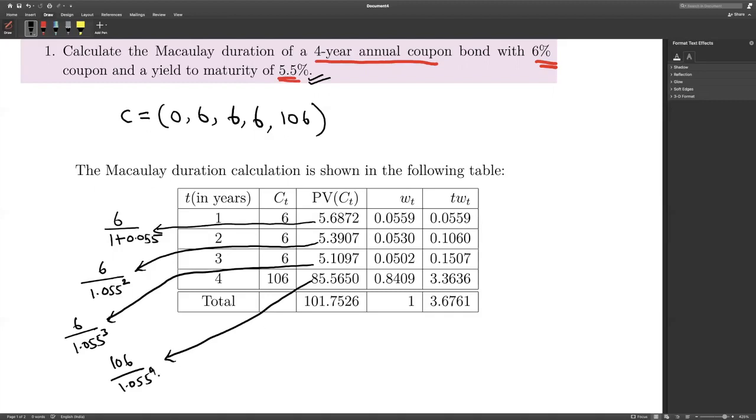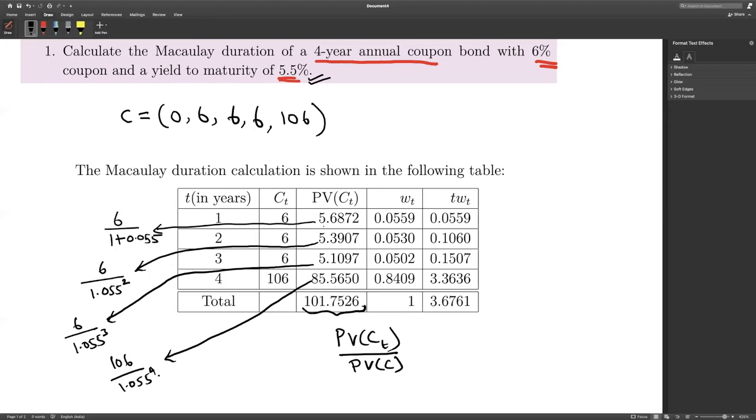So that gives us the present value of each cash flow individually. Now how will you find the weight? Weight is nothing but PV of CT divided by the PV. What is PV? PV of the entire cash flow C, right? The entire cash flow is the sum of all this, that is 101.7526.